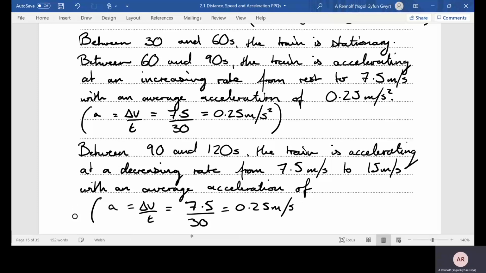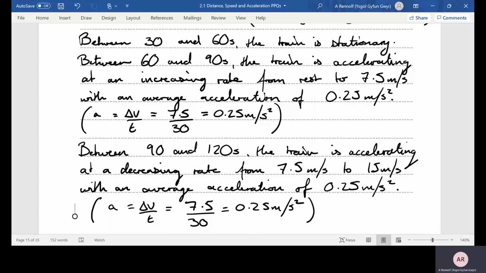So they're actually the same average acceleration. So let's put that in here, of 0.25 meters per second squared. And we might think, okay, well, couldn't we have just treated from 60 to 120 seconds as one big chunk, since the average acceleration is the same? And yeah, we could have, but we've gone into a little bit more detail and we've been able to explain that it starts off accelerating at an increasing rate and then it accelerates at a decreasing rate.